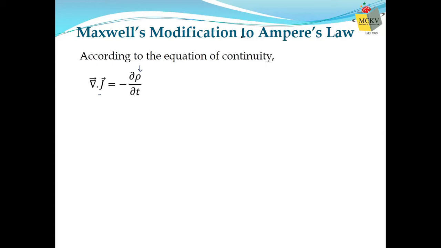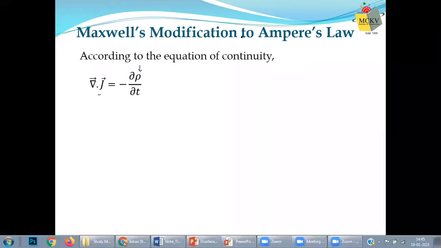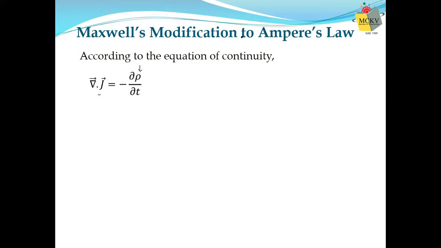And if there is no accumulation of charges, then whatever charges come at any point, that must be flown. That means there should not be any charges staying or any particles staying at any region. So under that condition, whatever charges or water particles per unit volume come to a point, it must flow from that point.